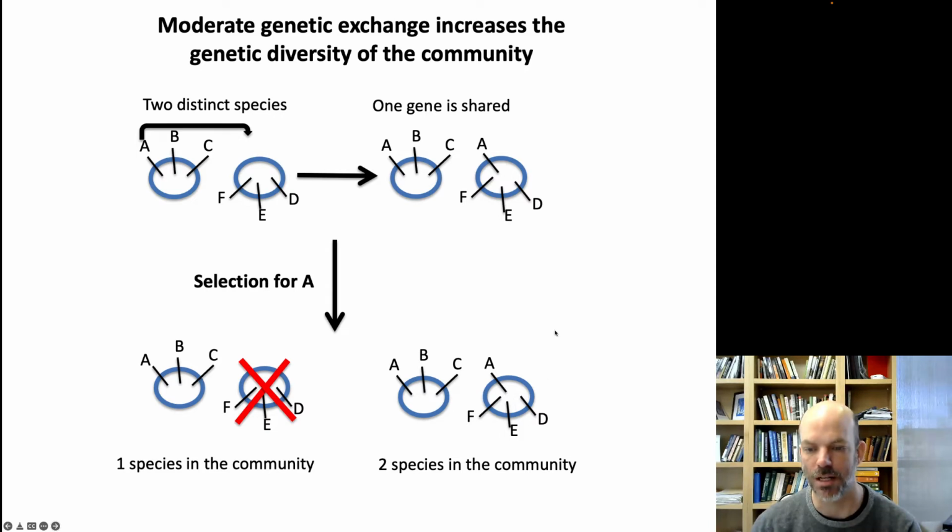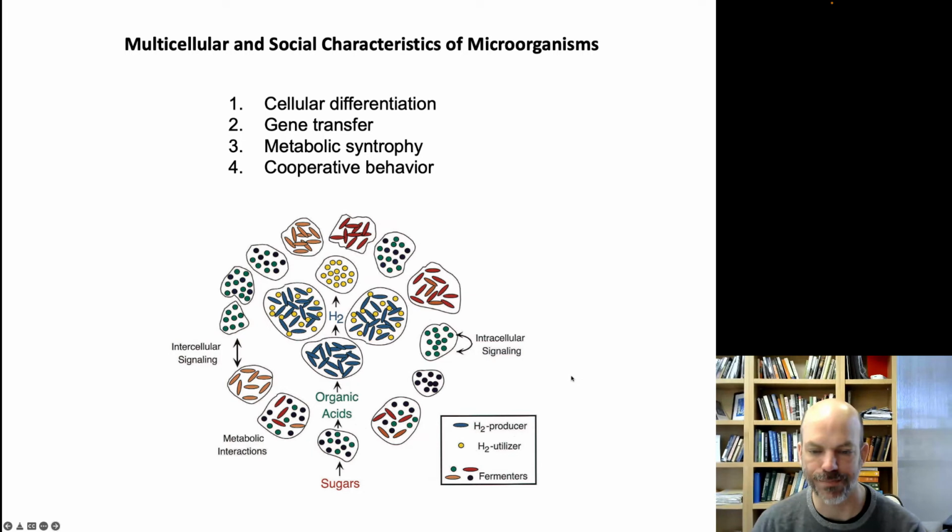Perhaps they're participating at different steps of a metabolic reaction, for example. Then both of these species survive, and in that way, the diversity of the community is maintained and even perhaps increased as a result of the selection event. So, a moderate amount of gene transfer can actually promote diversity and not just make everything the same.